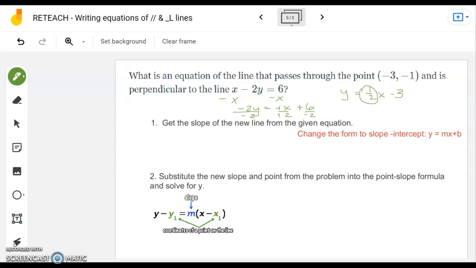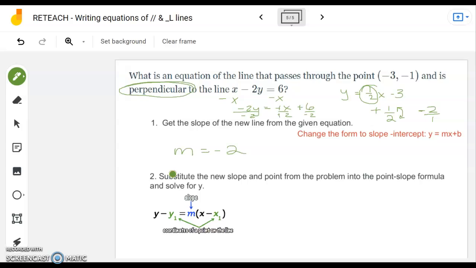Again, I'm going to focus on the slope, the 1/2. And again, it's going to be perpendicular. Perpendicular means I need that negative reciprocal. So I'm going to take the 1/2, flip it, so it's going to be 2 over 1. And if this one is positive, then my new one needs to be negative. And again, I get another slope of -2.